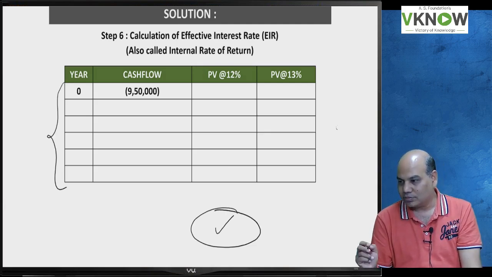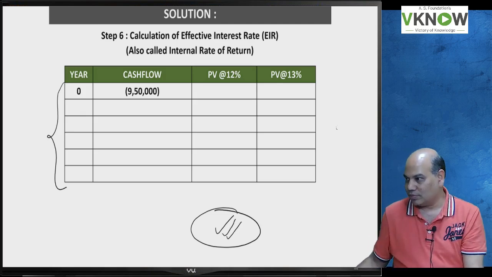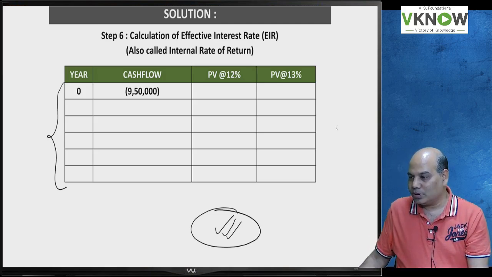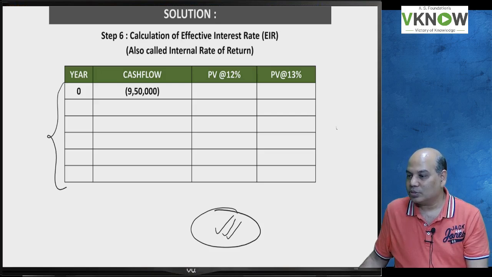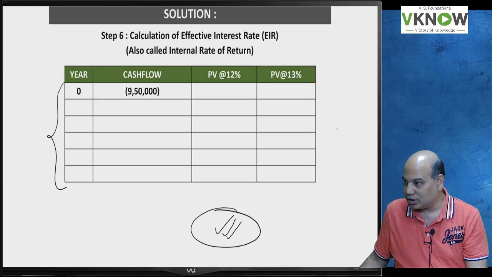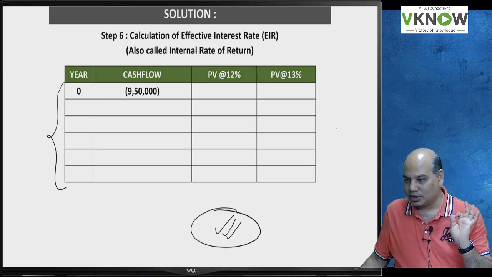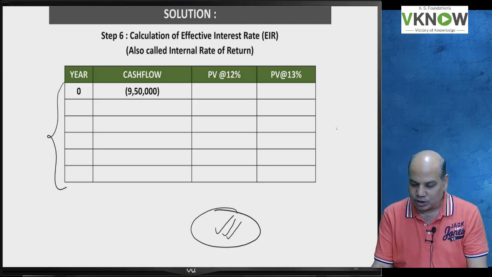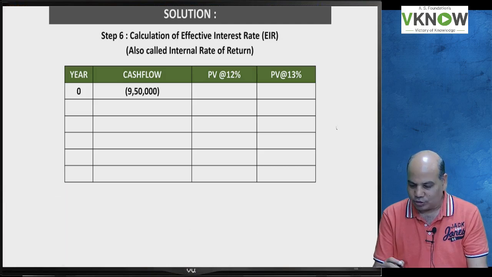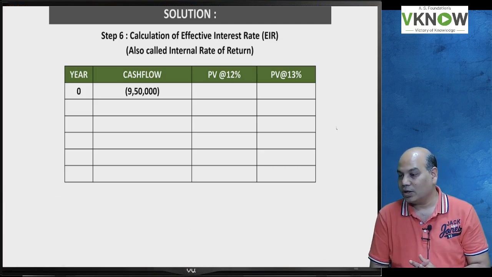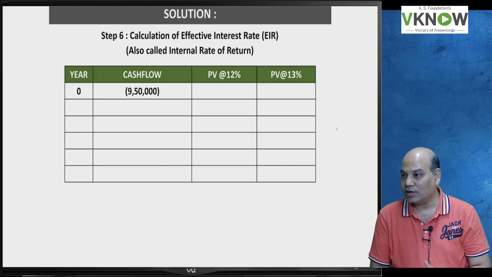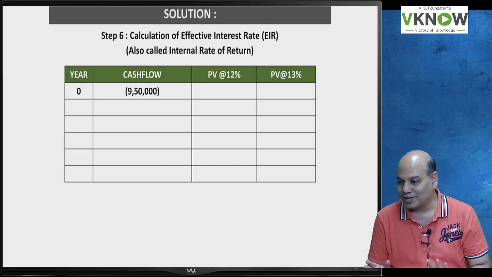Final answer must be same. If not same, close to same. Two students may get slightly different answer, because this method is not 100% accurate. It is approximately right, but not 100% accurate method. Okay. Classroom formula is not 100% accurate formula, but acceptable for exam purpose. Accurate formula you can get only on the Excel, or in a scientific calculator, or financial calculator. Not allowed in the exam, any of the three.